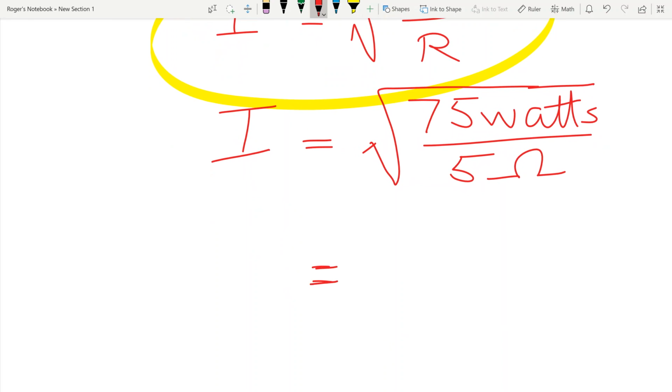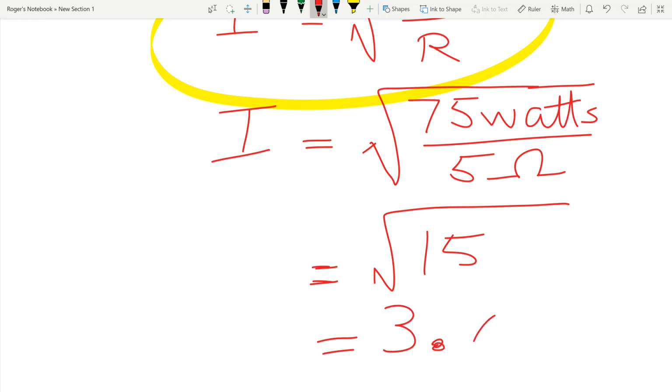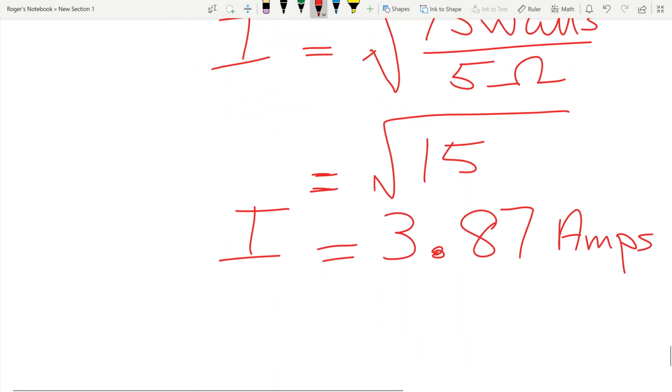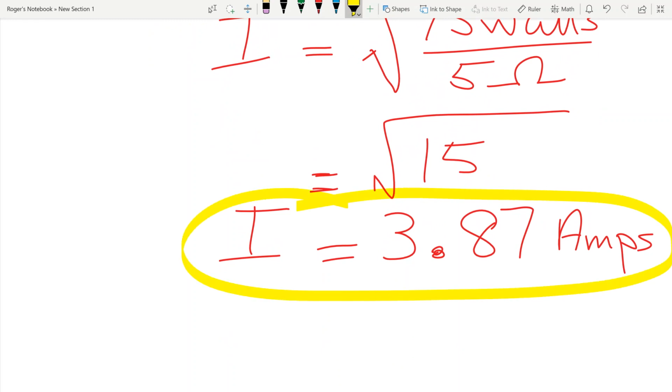If you do, good for you. So this is the square root of 15, which comes out to be 3.87 amps. That's the current that this load would draw.